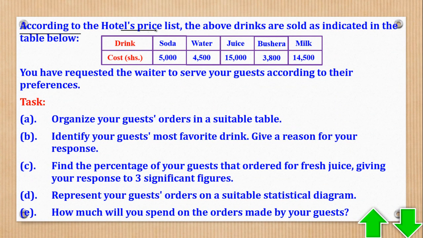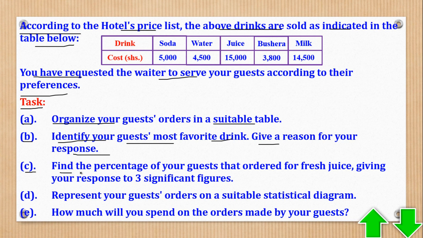According to the hotel's price list, the above drinks are sold as indicated in the table below. You have requested the waiter to serve your guests according to their preferences. Task A, organize your guests' orders in a suitable table. Task B, identify your guests' most favorite drink and give a reason for your response.